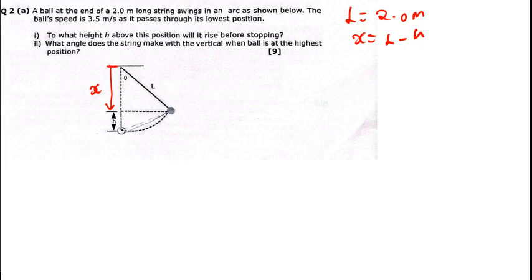Now, one thing we need to know and understand here is that we want to find the H. The question is saying the ball's speed is 3.5 meters per second as it passes through its lowest position. The lowest position is this position. So as it was passing this position, the speed is 3.5 meters per second.